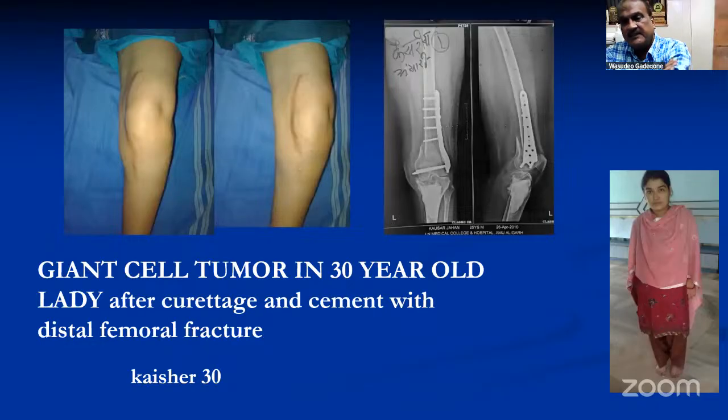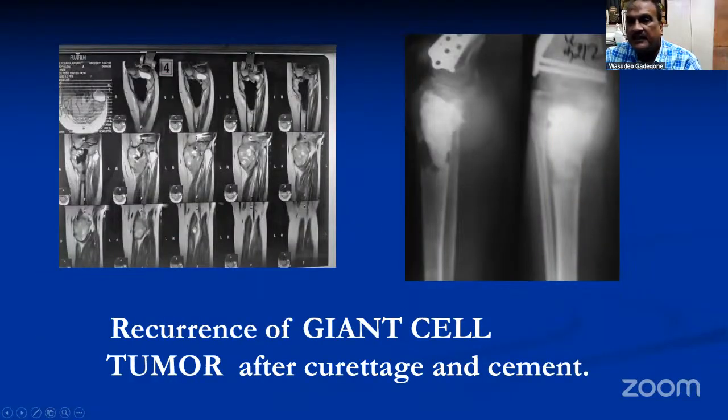Another example, a giant cell tumor in a 30-year-old lady after curettage and cement with distal femoral fracture. You can see here, this was fixed with this plate plus adjoint bone grafting. And then again, the patient, you can see here, cementing was done for the giant cell tumor.